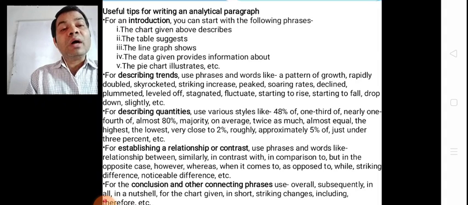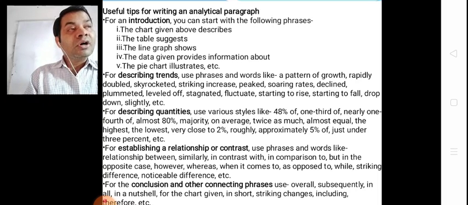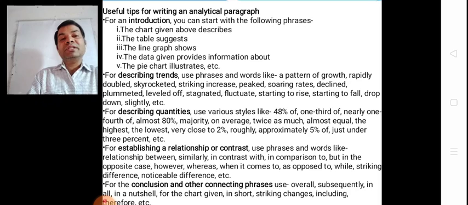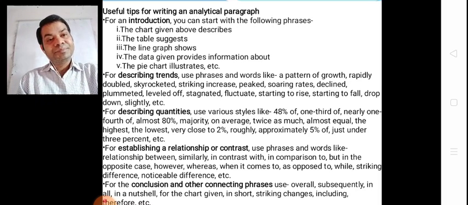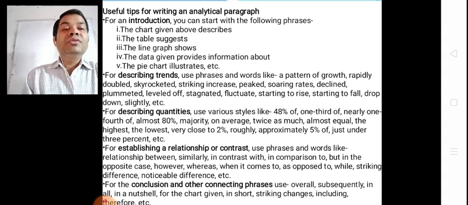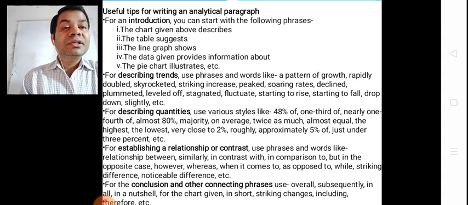So when you are going to introduce the topic on the basis of information given in the form of a chart, table, etc., you can start your writing with the following phrases.